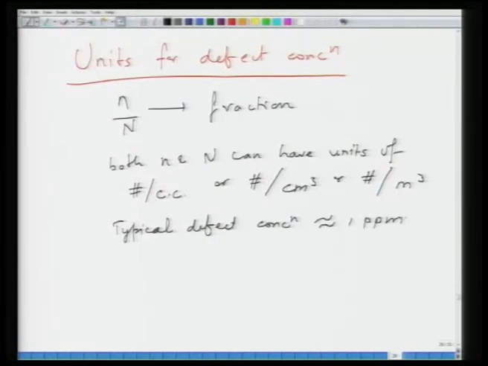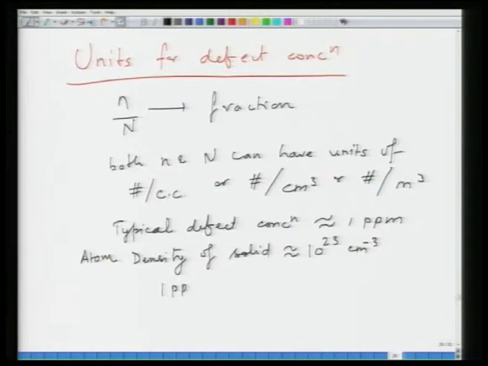Okay, and let us say the atom density of solids is about 10 to the power 23 per centimeter cube. In that case, 1 ppm is almost equivalent to 10 raised to the power 17 per centimeter cube.